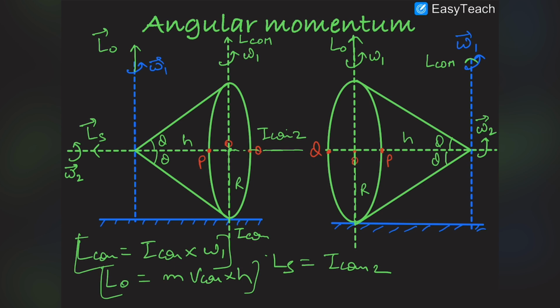You must have studied this formula somewhere. So I_COM2 into the spin angular velocity omega 2. The total angular momentum, L total, is the vector sum of all these: L_COM plus L orbital, which are in the same direction, plus L spin. So the total angular momentum would be the sum of all these three angular momentums.